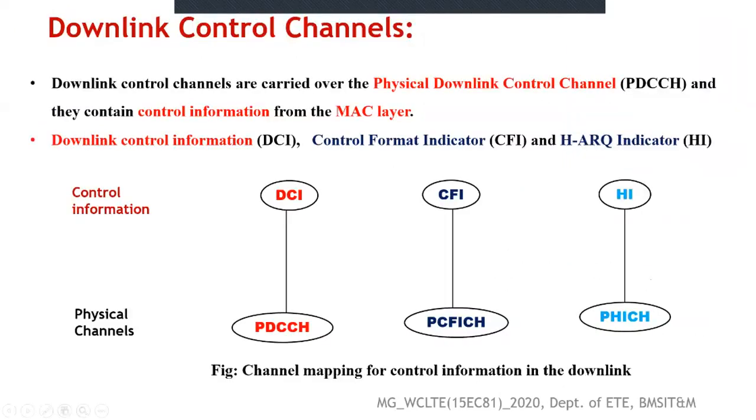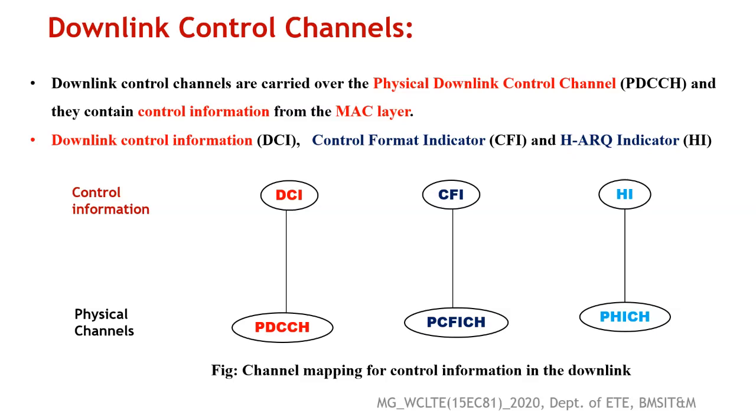Yes, this is what I'm talking about, the downlink control channels. As I said, the downlink control channels are carried over the physical downlink control channel, and it contains control information from the MAC layer. I said there are three control informations: one is downlink control information, the second one is control format indicator, and the third one is hybrid ARQ indicator.